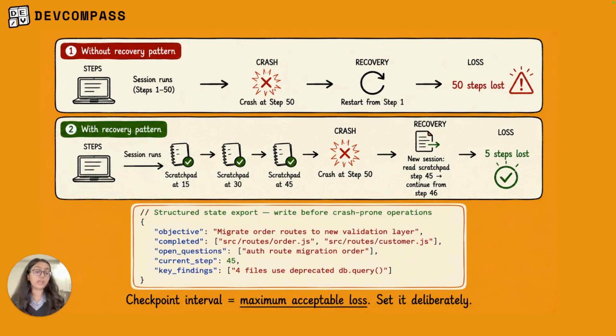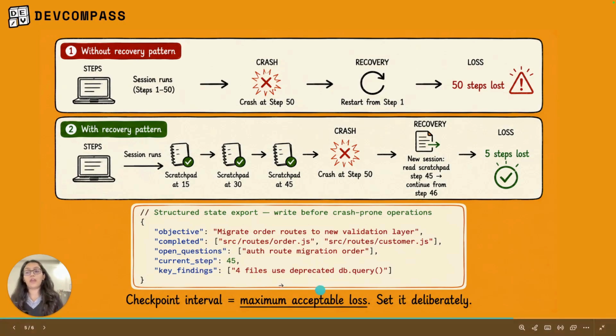This is the object a new session reads to reconstruct where the previous session was. The walkthrough after this will implement all three: Scratchpad writes at each significant step, compact at phase boundaries, and a state export format for crash recovery.